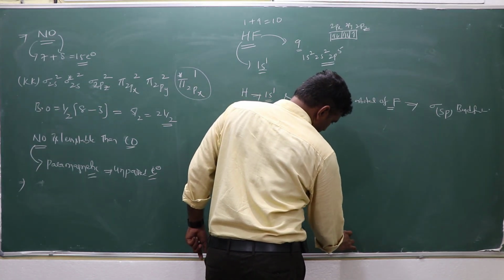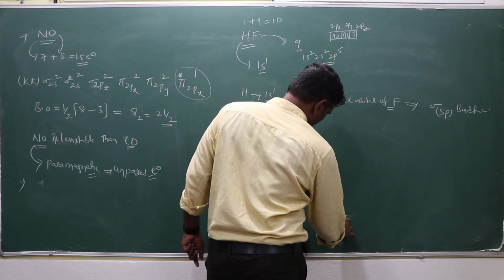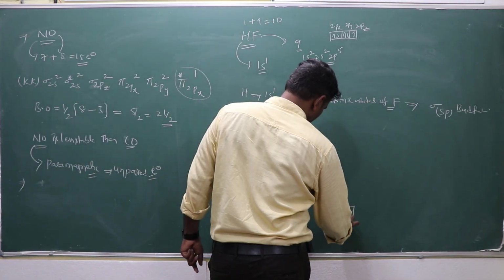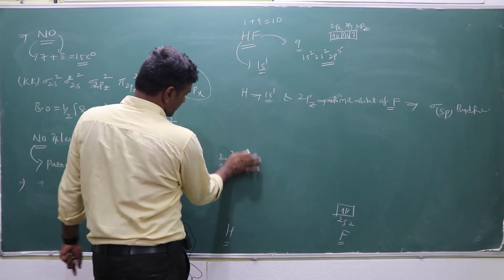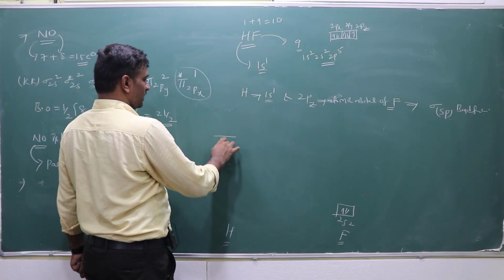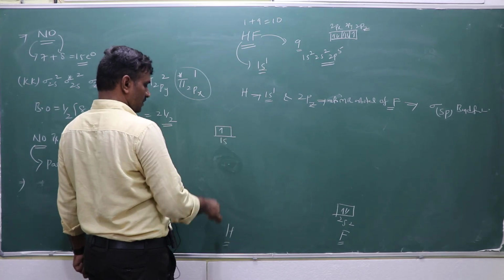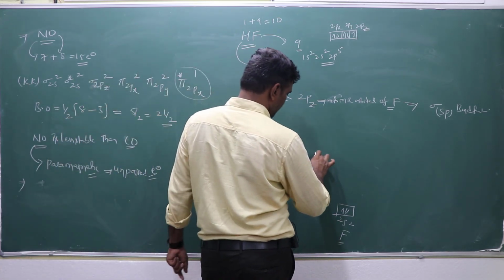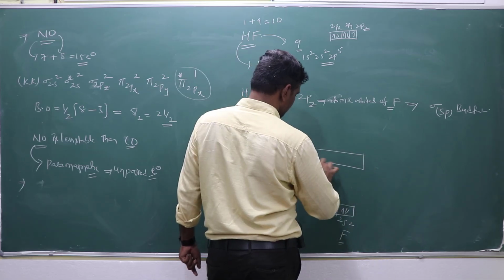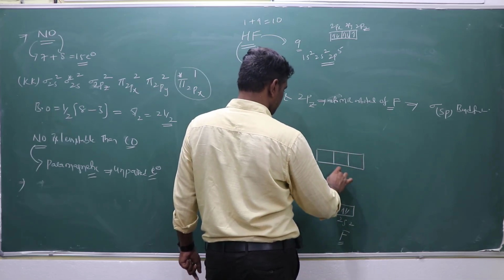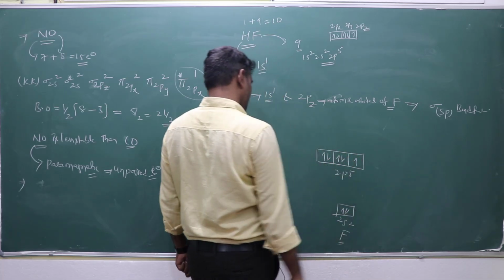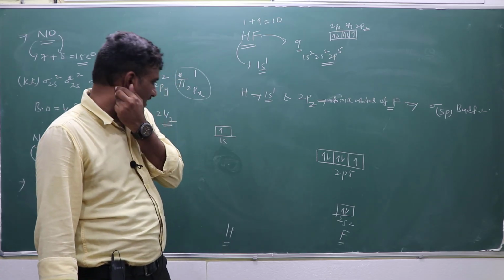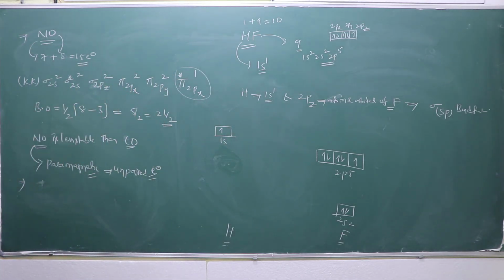This is F, 2s2 and 2p5, that is 2px2, 2py2 and 2pz1. The hydrogen has 1s1.